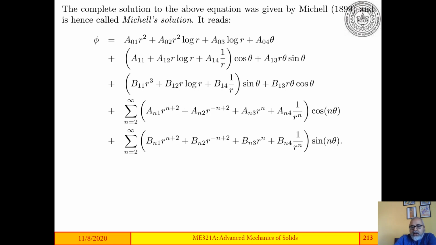One is that there are situations when R equal to 0 is a part of your domain over which you want the solutions. For example, you take a disk, like I showed, you have a disk on a surface.